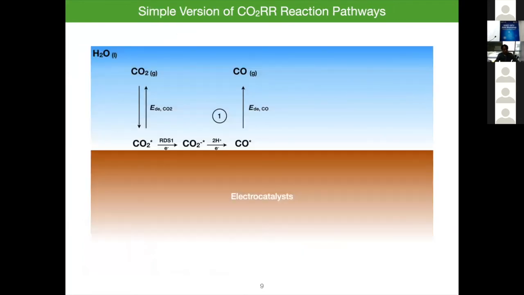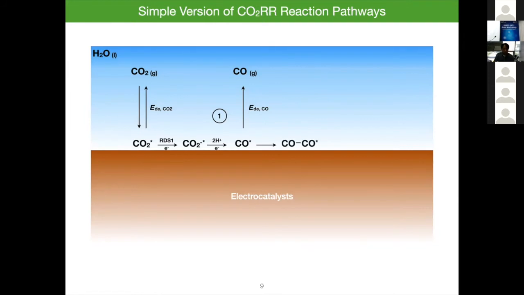On the catalyst surface, CO2 is adsorbed, and then the first electron transfer makes CO2 minus, which is the key intermediate, and this step is known as the rate determining step.